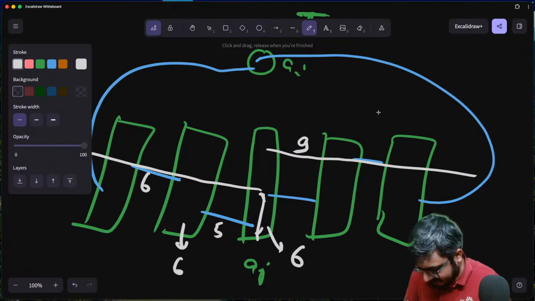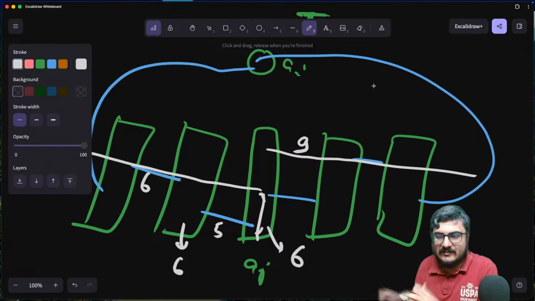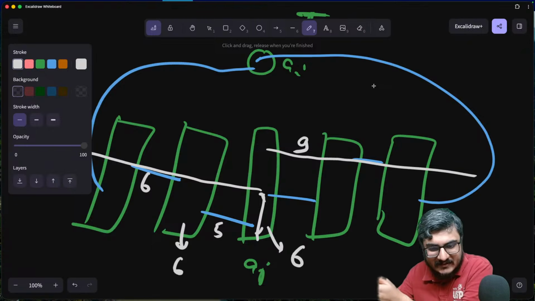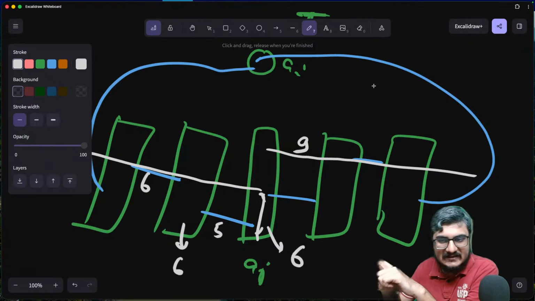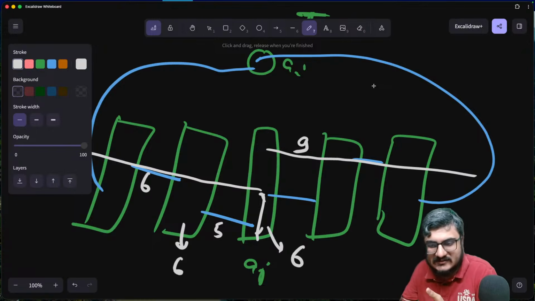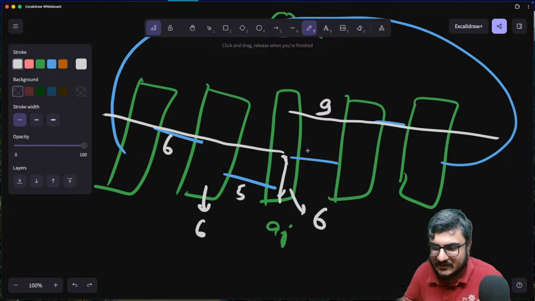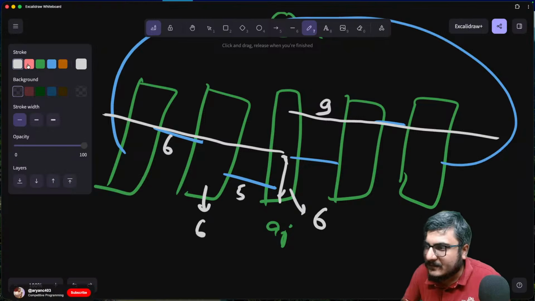So the overall idea is, first let's forget that water can move among each of them. Let's fill water in each of the wells. And what I am claiming is, at last I would be filling water in such a way that it will never flow out. So rather than initially worrying about how much water will go over everywhere, in this case, let's fill water up to 6 height here.